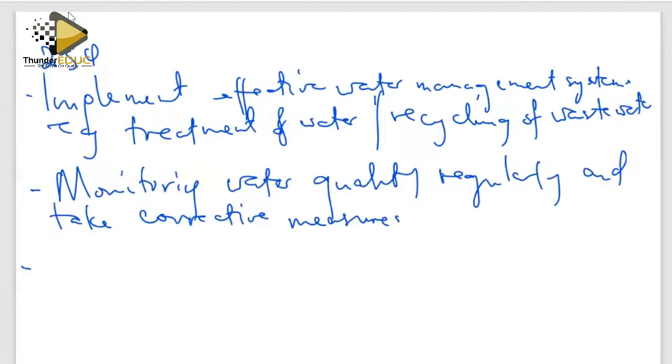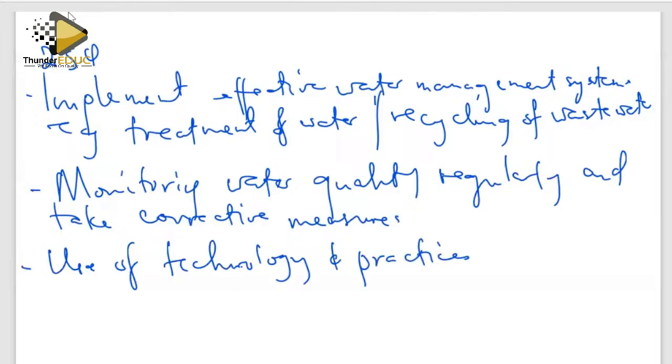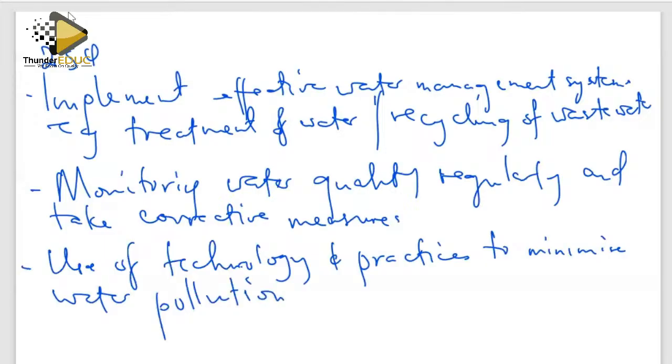Right. Then we can also look at usage of best available technologies. Usage of technology and practices to minimize water pollution.